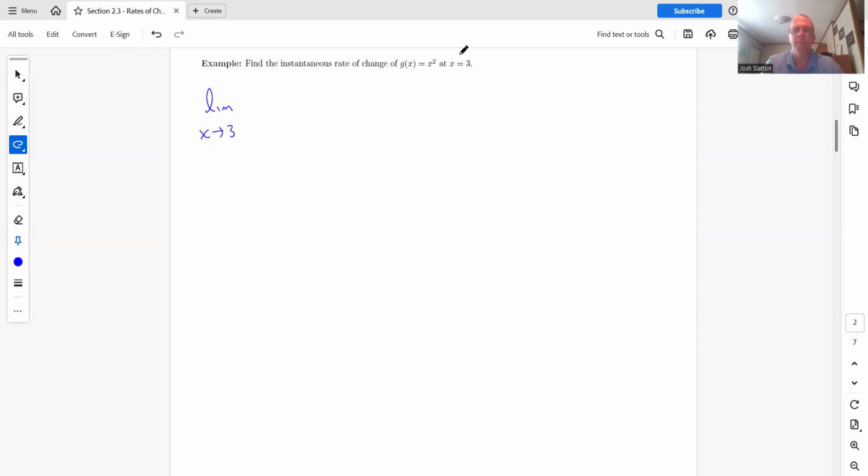So 3 is the initial point, and this would be f of x minus f of 3 over x minus 3. All right. And we'll kind of divide this in half. We'll do the other formula over here.